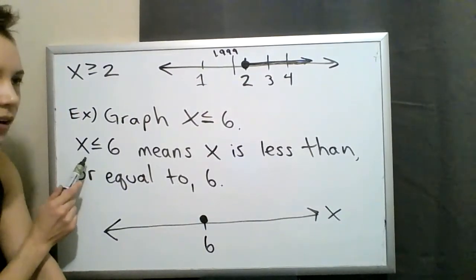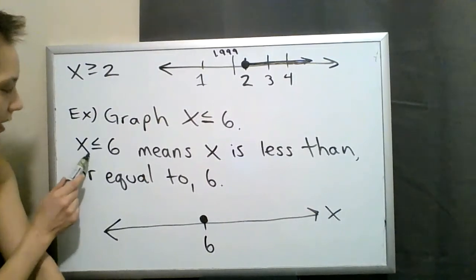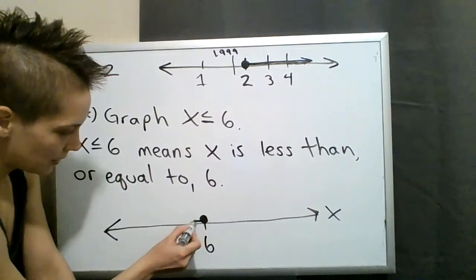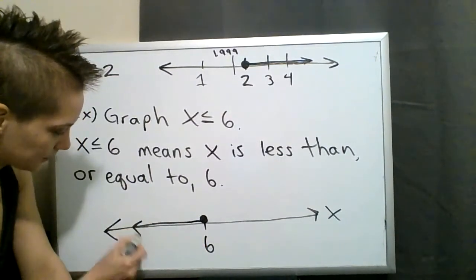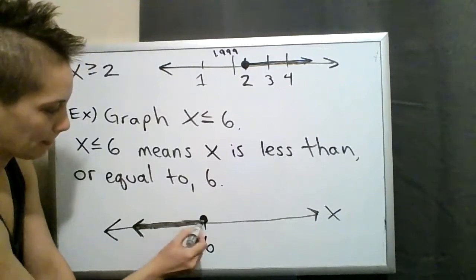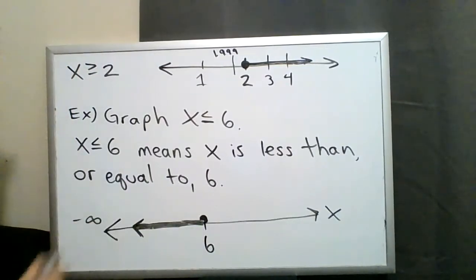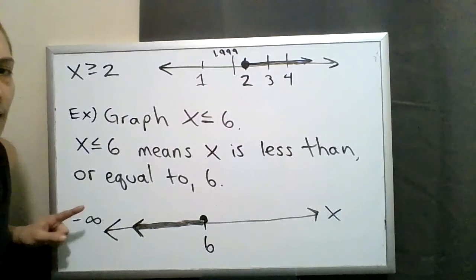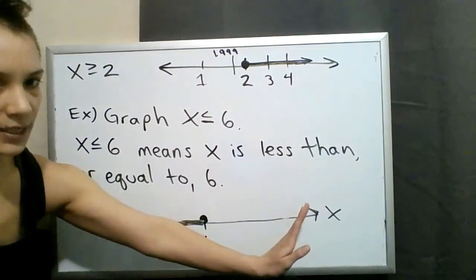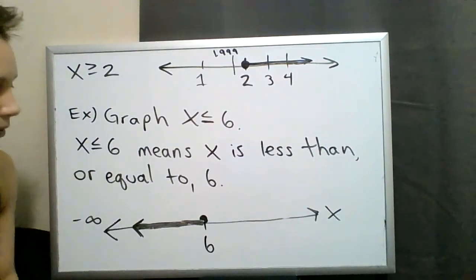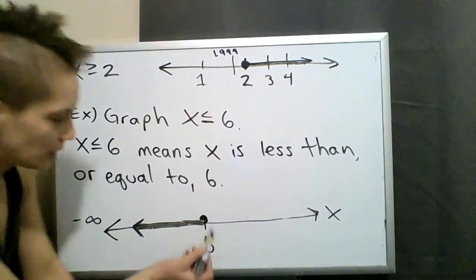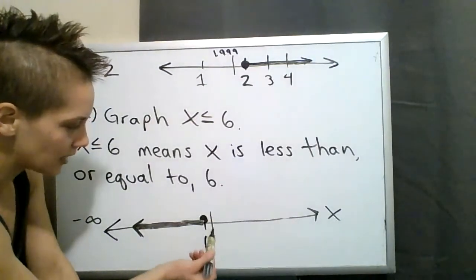So numbers that are less than 6 are things like 5, 4, 3, 2, 1, negative numbers, everything this way. It's negative infinity. We do not shade over numbers that are greater than 6. So don't include 7 or 8 or 0.0001. So that kind of number is outside of your solutions.